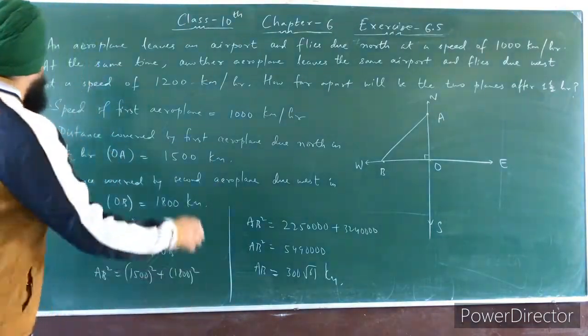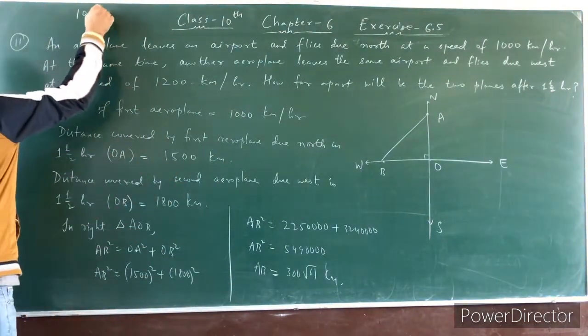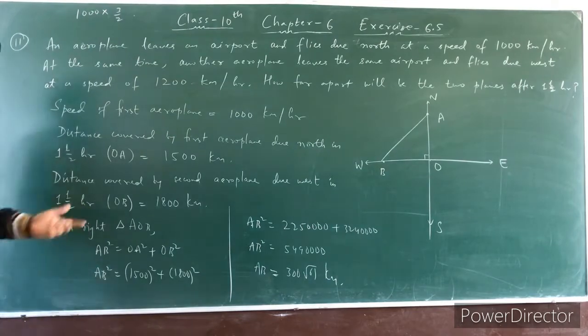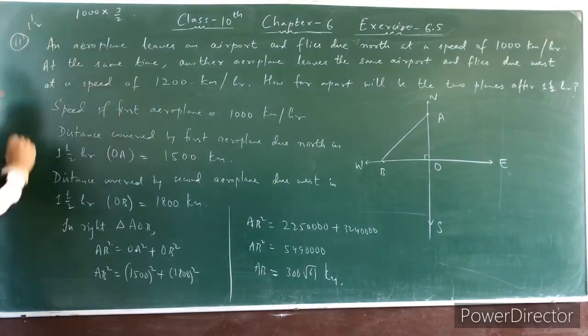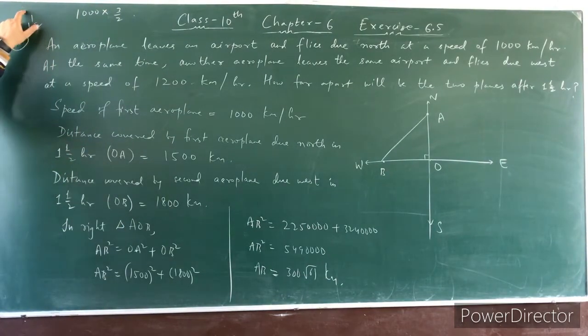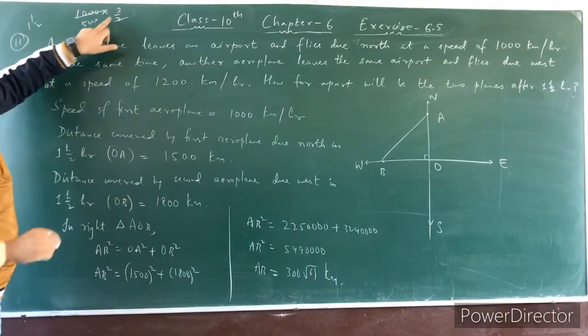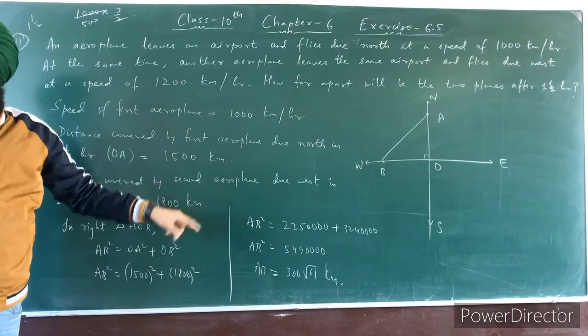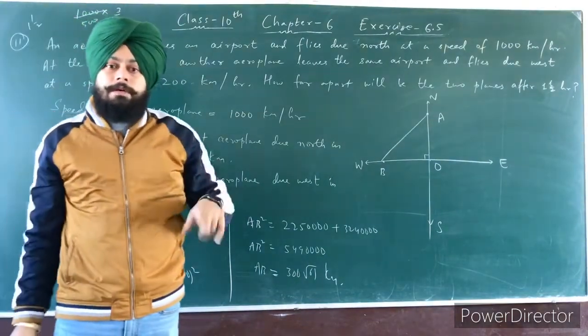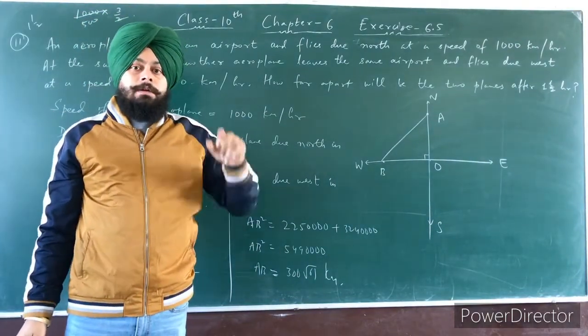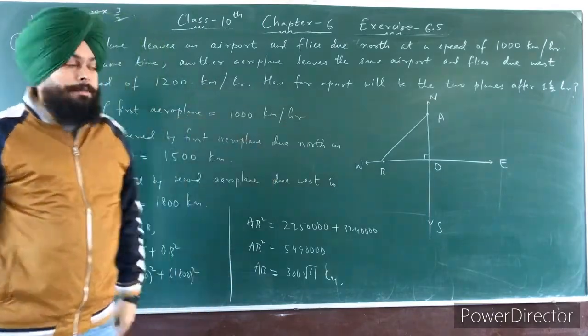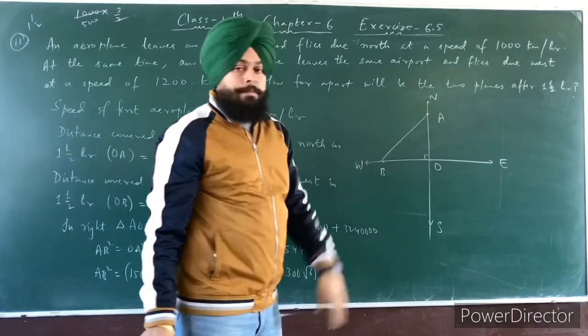You have to multiply 1000 with 3 by 2 because the time is 1.5 hour. If you cancel, 500 times 3 is 1500 kilometer. It means the first aeroplane covered 1500 kilometer in 1.5 hour from point O to A.